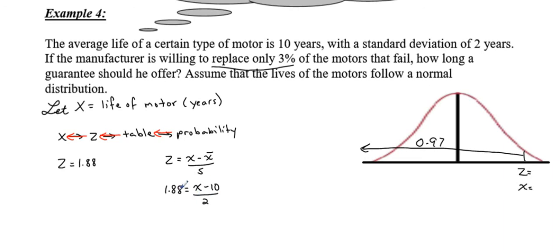Now we have to solve that. So first, multiply both sides by 2. That will give us 3.76 equals x minus 10. And then add 10 to both sides. So that would be 13.76 equals x.